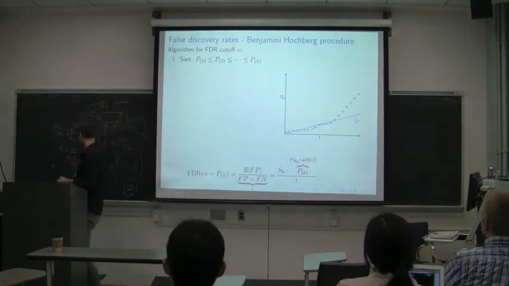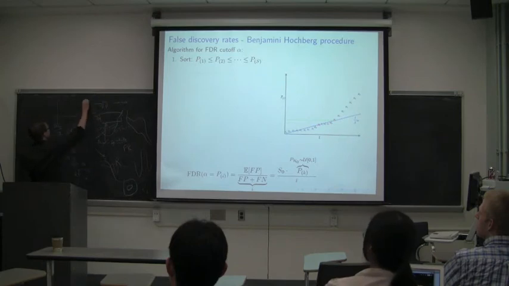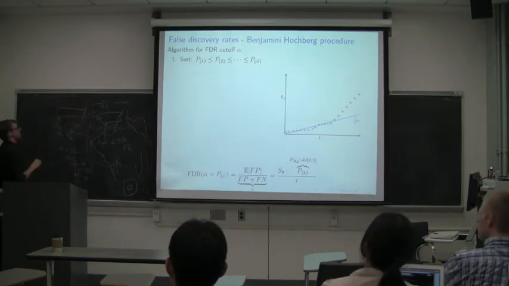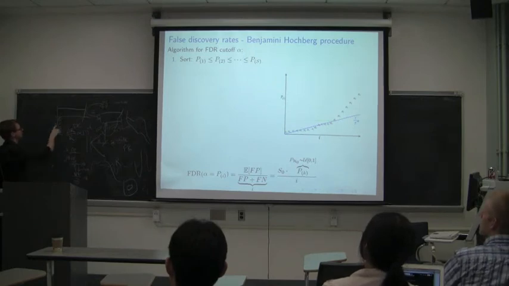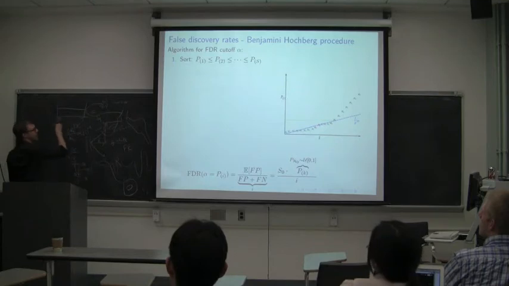Take a uniform distribution between 0 and 1. Now, if I get 10,000 p-values and I sort them and I plot the index versus the p-value, the index goes linearly, and the p-value also goes linearly in expectation.